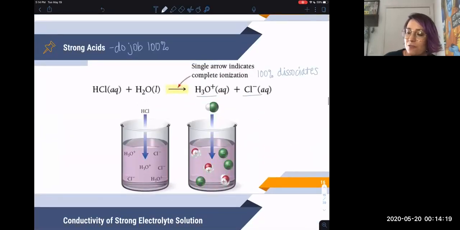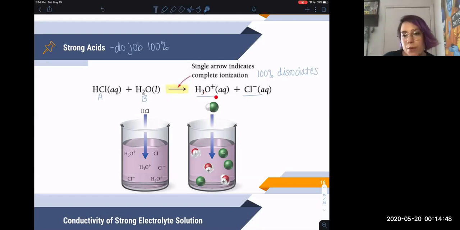If I want to identify my conjugates here, hydronium or chloride? Go ahead and identify these with conjugates. So like, this is your acid, this is your base. Identify your conjugate acid and your conjugate base really quickly. Okay, hydronium.